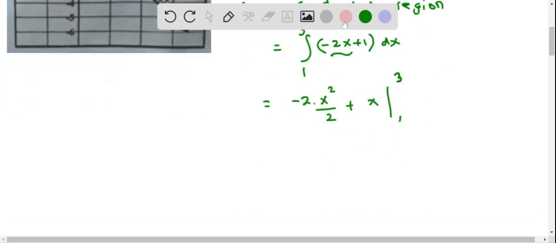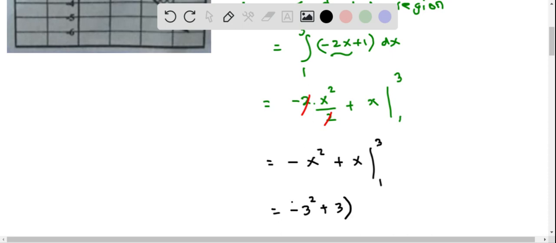Let's simplify this. We can cancel this 2 and this 2. So it's basically negative x squared plus x evaluated from 1 to 3. Let's apply the upper bound, and so this equals negative 3 squared plus 3.